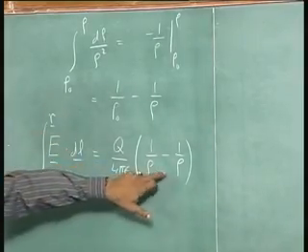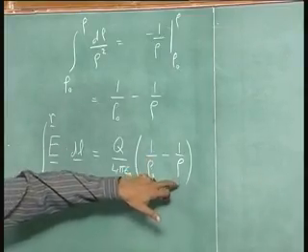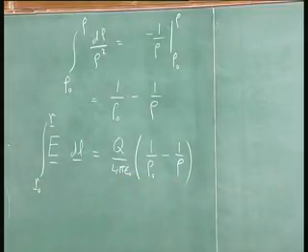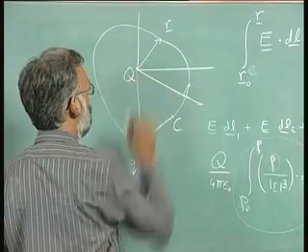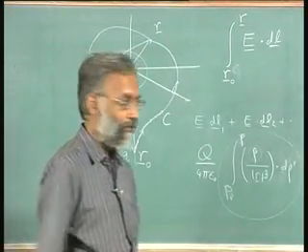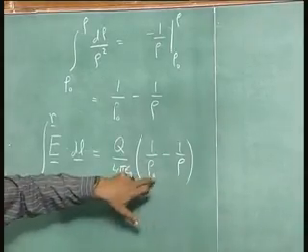It does not depend on how you got there, it only depends on where you started from and where you ended up. I could have gone this way, or I could have gone this way, or I could have gone this way, it does not matter. All that matters is the beginning and the final value of the radial coordinate.